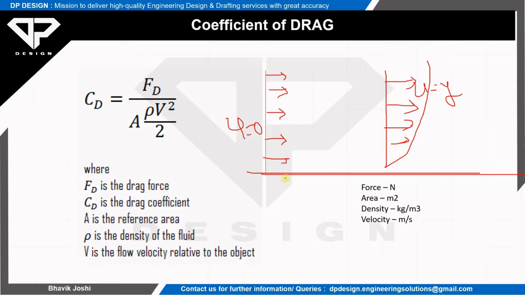Now it will create a boundary layer like this, so the fluids are sticking to the wall. In the ideal wall there will be no friction, so the ideal wall is basically used for symmetrical objects. In pipes also you can use it where there is no friction. In the no-friction condition you can take the ideal wall.